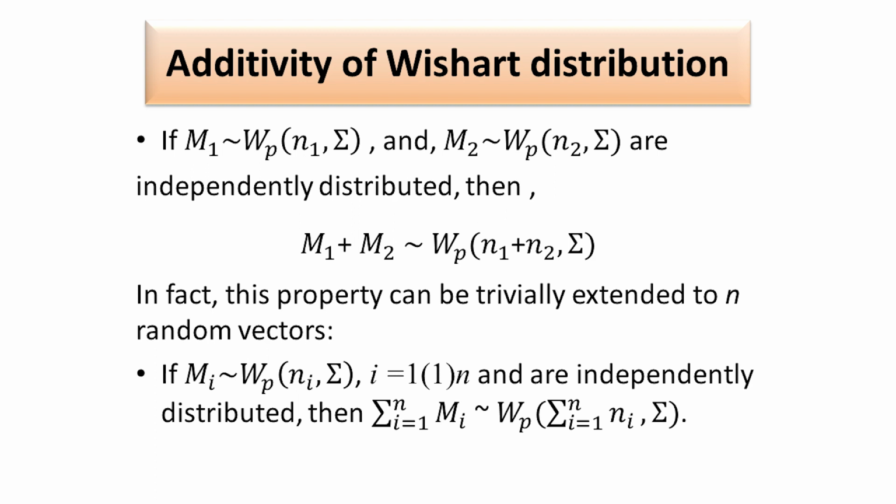In the case of Wishart distribution too, if Mi is distributed as Wishart P ni sigma for i running from 1 to n, and these Mi's are all independently distributed, then summation Mi will also follow a Wishart P distribution with degrees of freedom summation ni and scale matrix sigma.